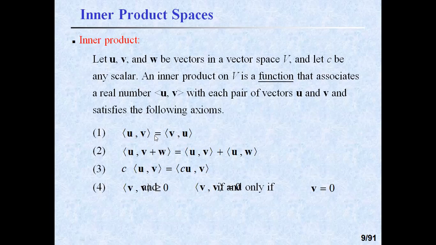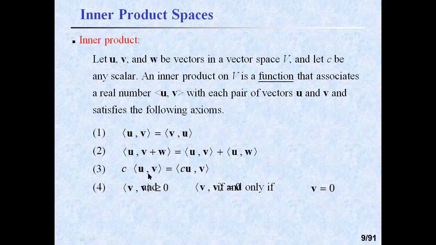The inner product of u comma v is equal to the inner product of v comma u. This is the symbol to represent the inner product. The inner product of u comma v plus w, distributing, is the inner product of u comma v plus the inner product of u comma w.